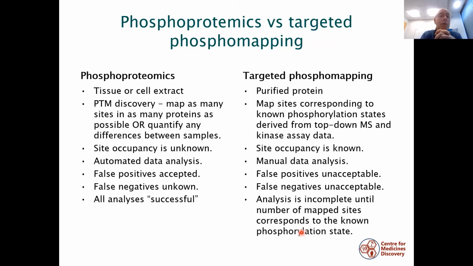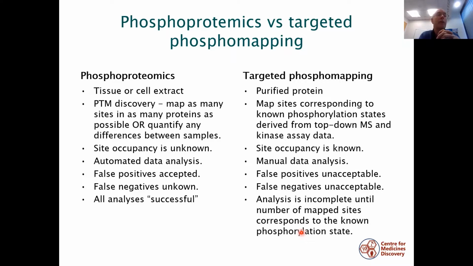In phosphoproteomics, the task is post-translation modification discovery. So we're looking to map as many phosphorylation sites in as many proteins as possible, or we're trying to quantify differences between samples. In the targeted approach, the idea is to map sites, but to do this to known phosphorylation states derived from top-down MS and kinase assay data.